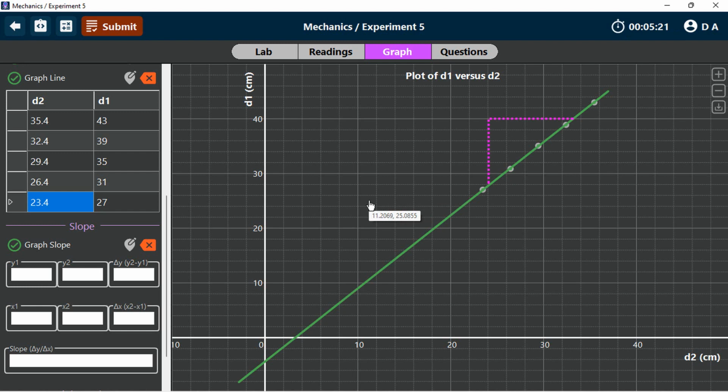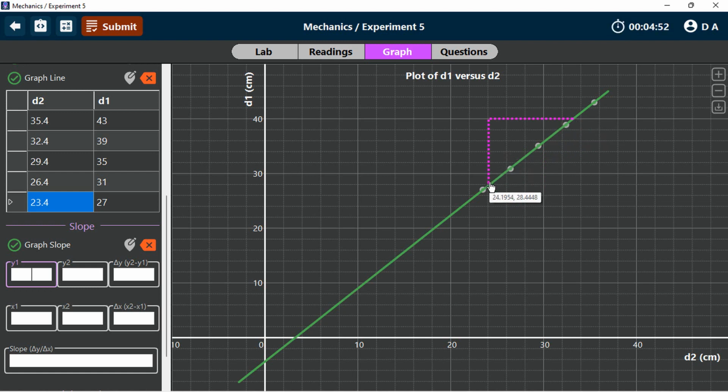So now I've gotten my 2 points on the line of best fit. What's the y1? Y1 is the first point you picked. For example, you can take this to be y1, or you can take this to be your y1. It all depends on how you want to go about it. So let's say I take this to be my y1, then this will be my y2.